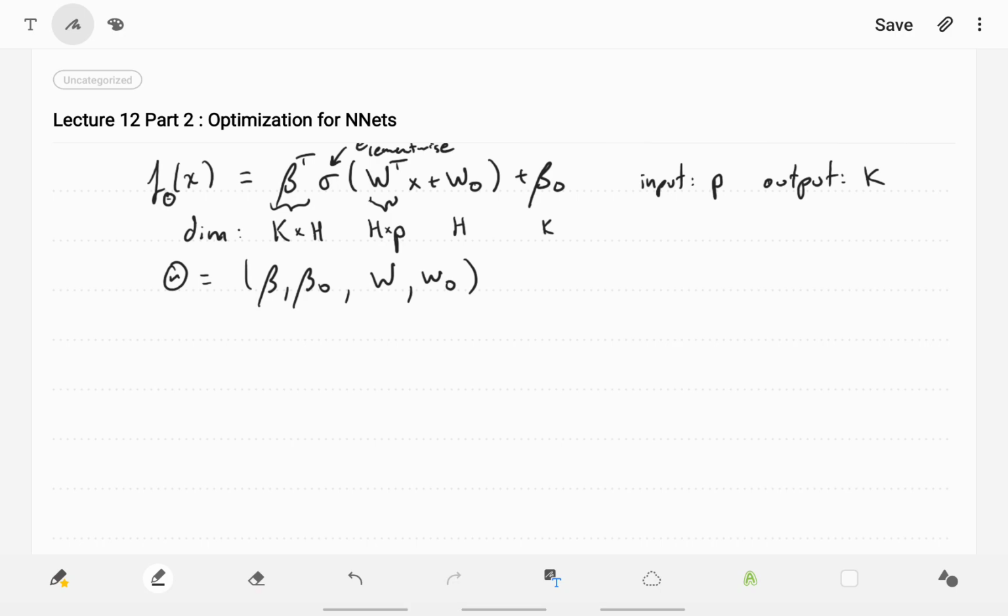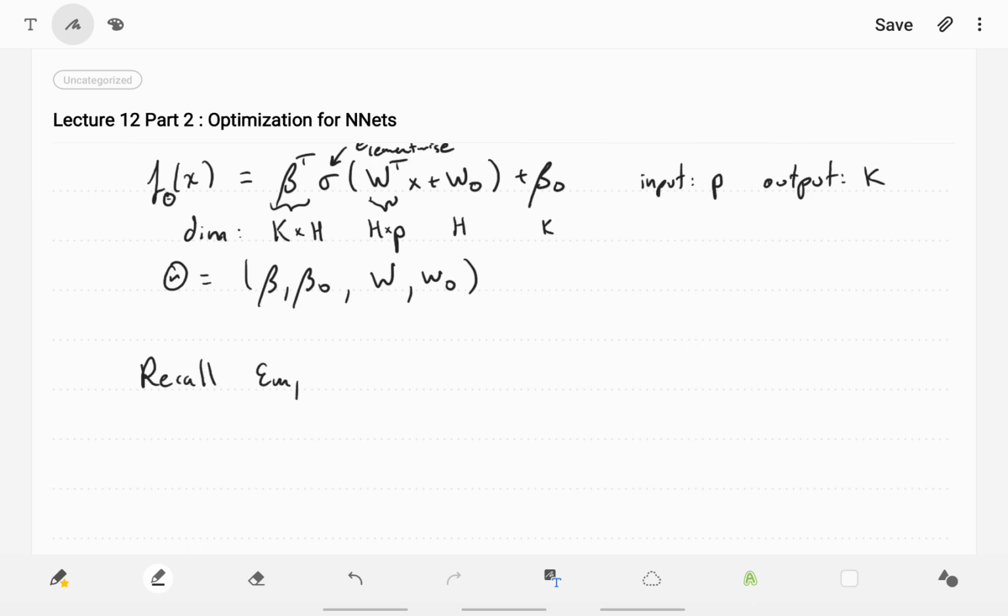Now, this doesn't give us a loss necessarily that we can optimize. We still have to choose our loss. So, for example, with multi-class classification, we might have chosen a multi-class loss like the categorical cross entropy. Right? And once we've chosen our favorite loss, then just recall we want to minimize the empirical risk.